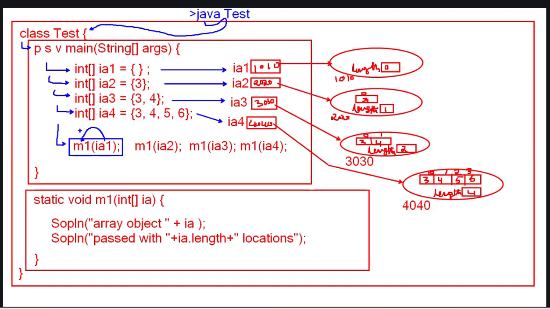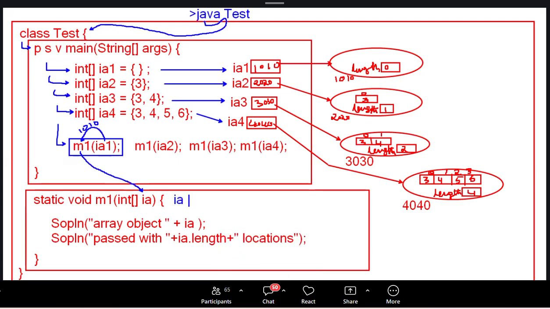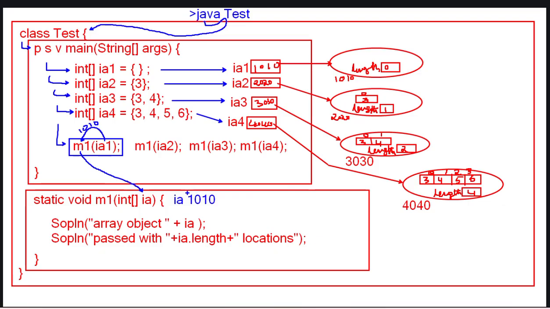What is the M1 of IA1 value? 1010. The 1010 is passed to the M1 method parameter. Then the IA variable is created with reference 1010, and this 1010 is pointing to the same array.